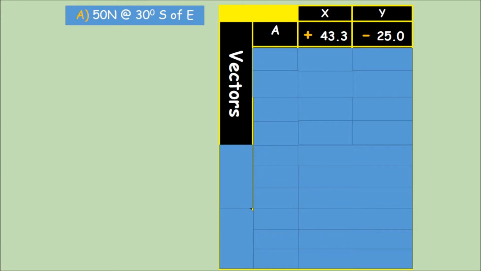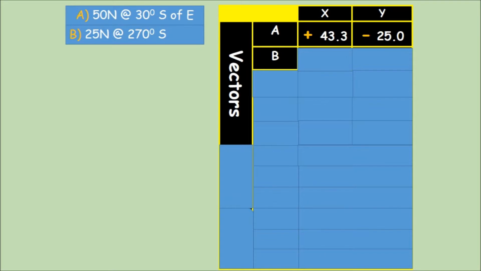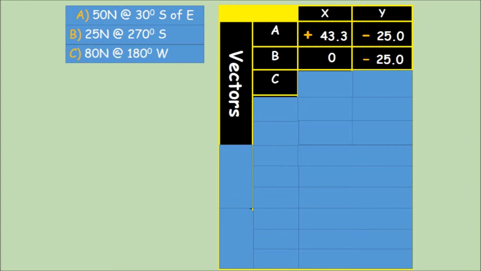This is going to be the same exact problem using vector addition by components, the component method, where I'm taking each of those vectors, 50 newtons at 30 degrees south of east, and I am breaking them down to their corresponding components.